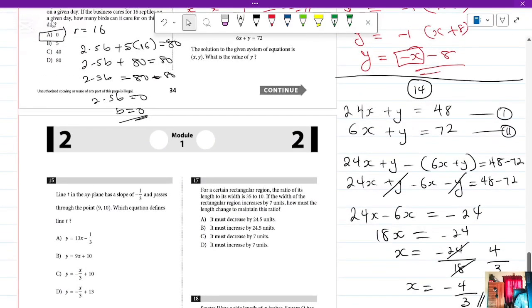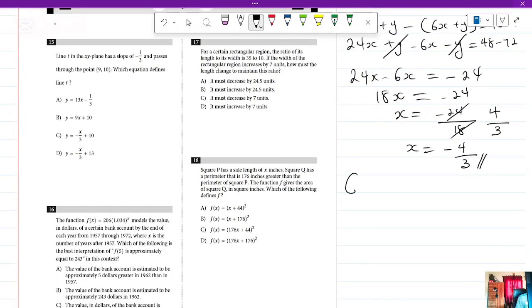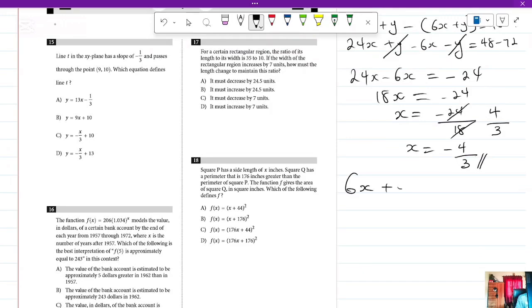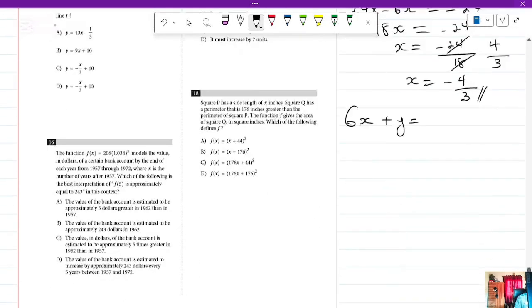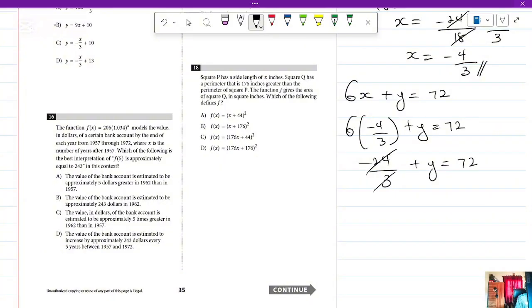Now, I can get the value of y by inserting this into equation 1 or equation 2. So I have 6x plus y equal to 72. Insert x there, that's minus 4 over 3 plus y equal to 72. This is minus 24 over 3 plus y equal to 72. 3 here will give you a 6, right?